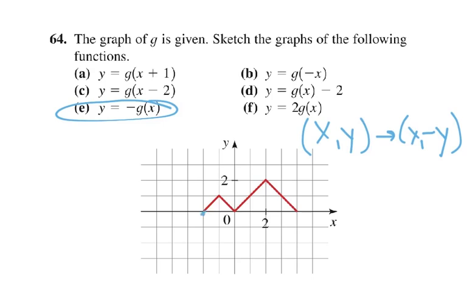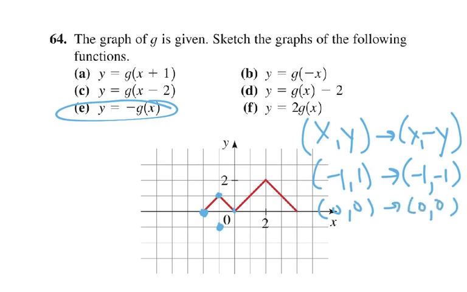So this is at -2, 0. Well, you can't change the sign of 0, so that's going to stay where it's at. This ordered pair is at -1, 1. -1, 1, when I reflect it, is going to become -1, -1. Notice that all I did was change the sign of y. 0, 0 is not going to change because 0 is not positive or negative.